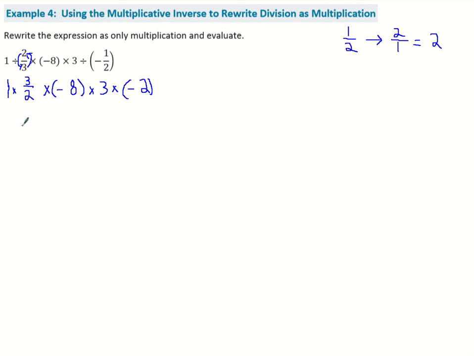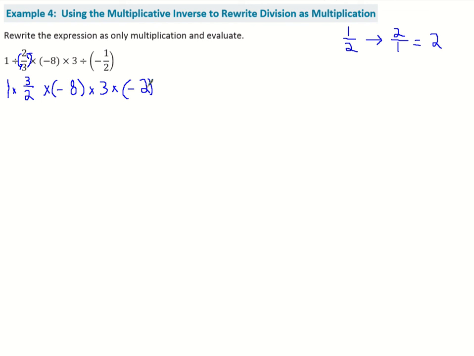If you remember back earlier in this lesson, as a reminder, I can actually rearrange this however I want. Right now I have this 3/2. I don't want any fractions. I want to get rid of fractions as soon as possible. So to get rid of this 2 in the denominator, I'm going to have to multiply it by something like a 2.